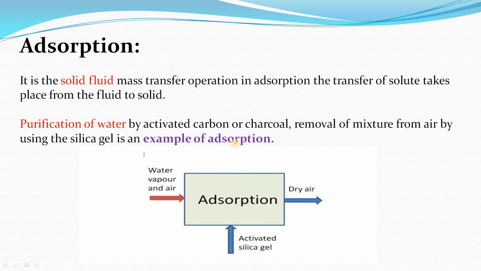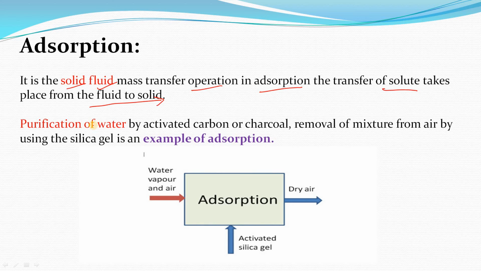Now adsorption. What is adsorption? Adsorption is a solid fluid mass transfer operation, meaning one phase is solid and the other phase is fluid. In adsorption, the transfer of the desirable solute takes place from fluid to solid.